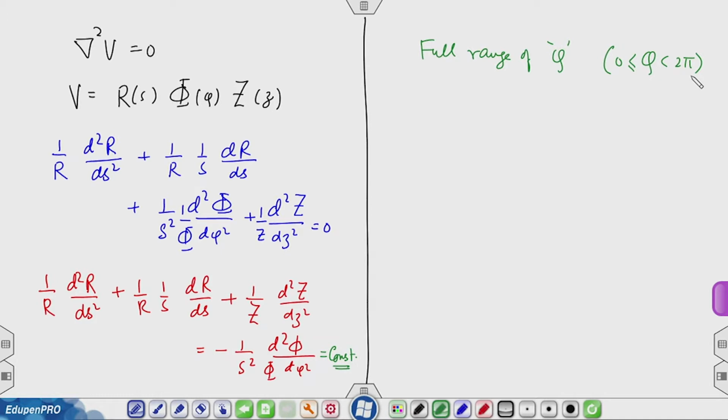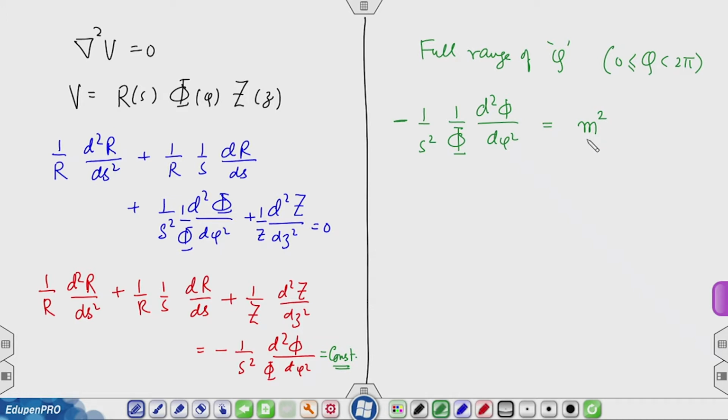Therefore, the quantity minus 1 over Phi d2 Phi over d phi square should be equal to some integer m, let's call it m square. Then only I'll have solutions.